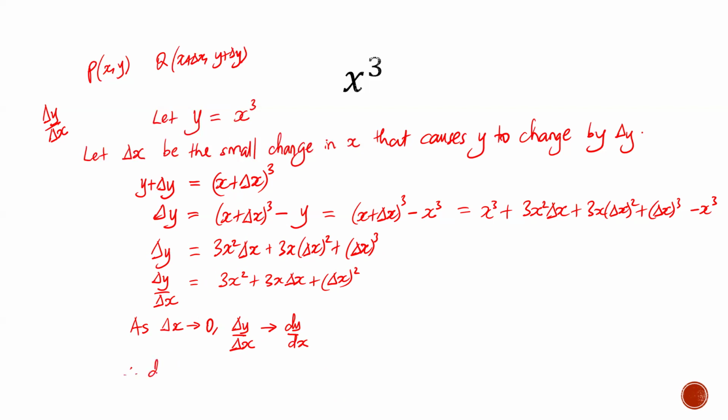And therefore, dy/dx will be equal to 3x squared plus 3x times 0 plus 0 squared, which is in fact just 3x squared. And that's the gradient function of x cubed. Okay. We'll look at more examples in the next video.